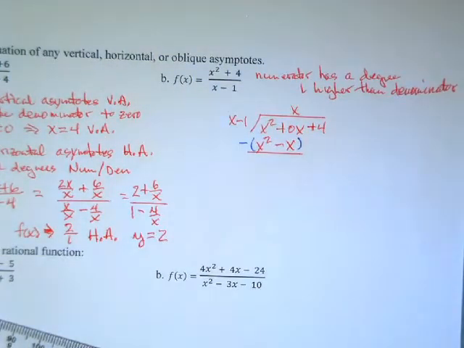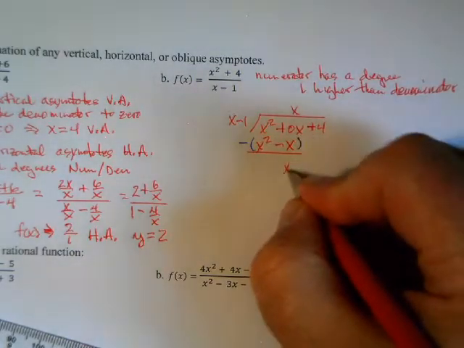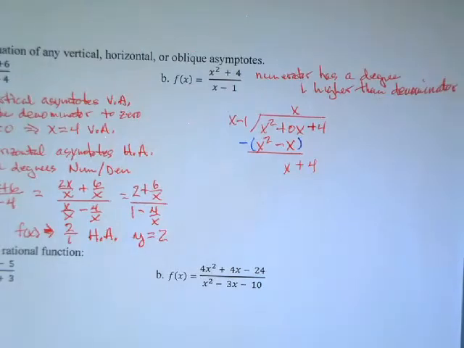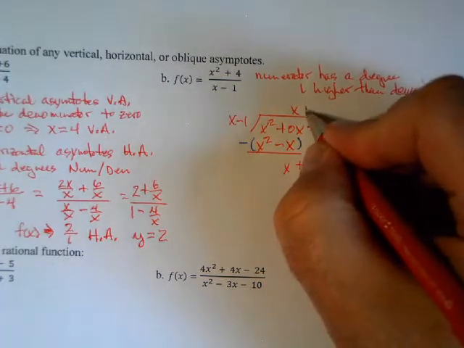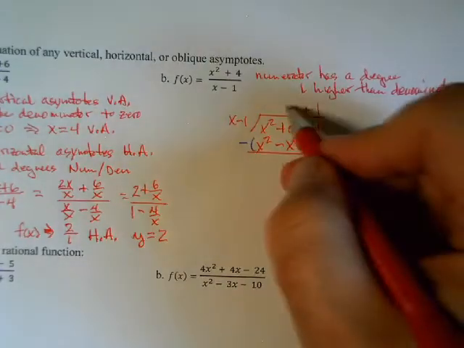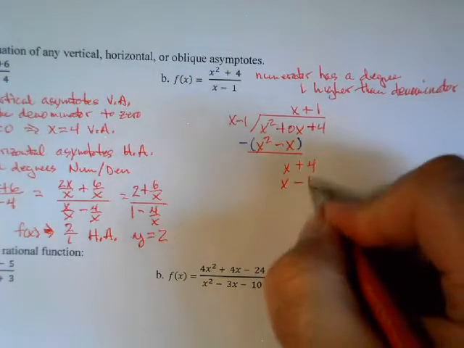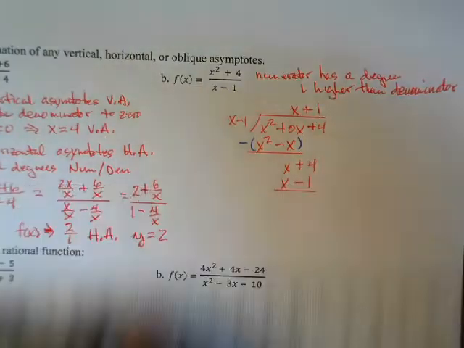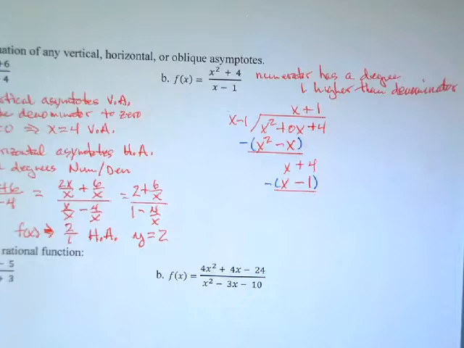X squared is gone. I'll end up with an x plus a 4. So now I'm going to do plus 1. So 1 times x will give me x. 1 times minus 1 will give me minus 1. Now we subtract this, and I get the 5.